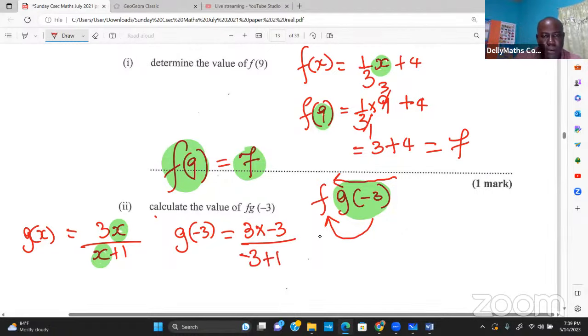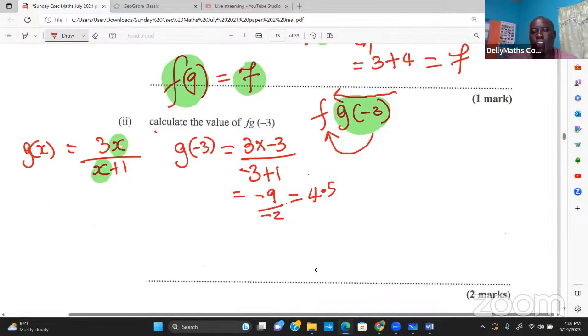Let's take our time to work. We end up with -9 over -2, and this is positive 4.5 or positive 9 over 2, right? 4.5 or 9 over 2, up to you. If you want to write 9 over 2, it is also fine.